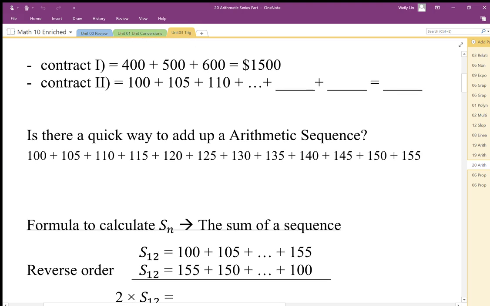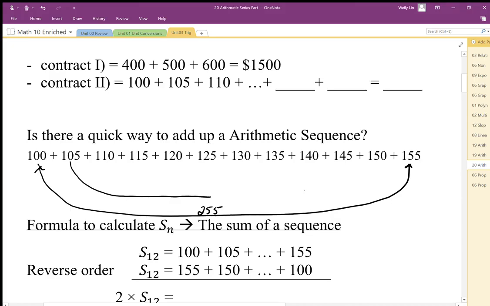Instead of having to type 12 terms in my calculator, maybe there is a pattern. In fact, there is. When we look at the first term and the last term, the sum of the first term and the last term happens to be 255. If we take a look at the second term and the second to last term and add those up, we end up with 255.